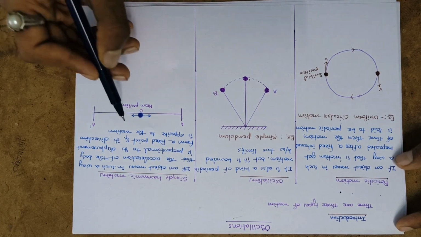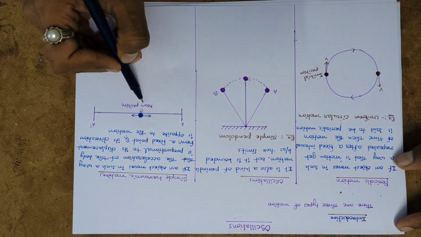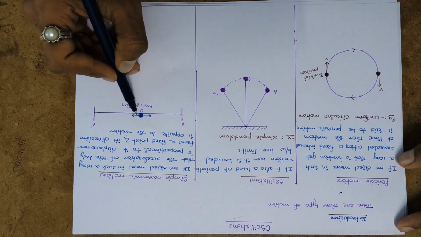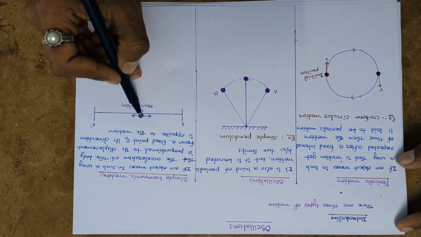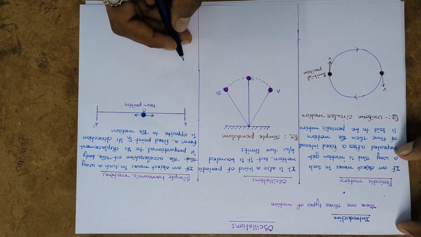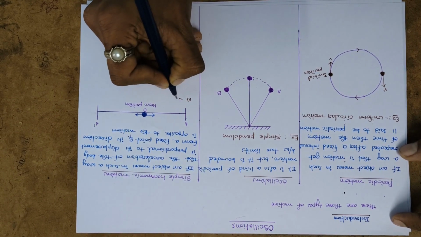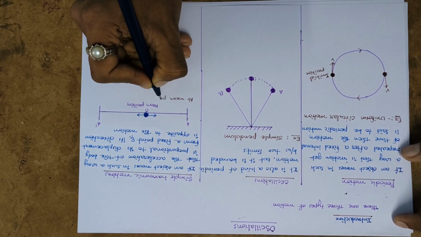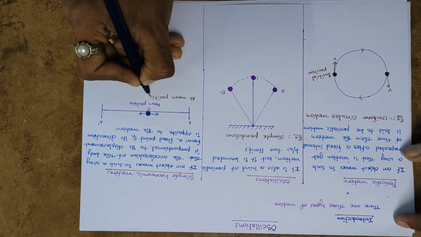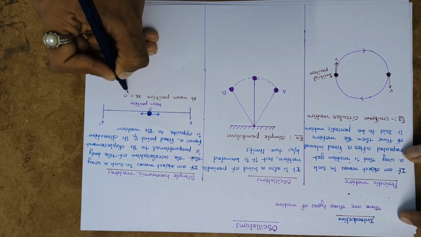Initially the object is located at point O. So this O is called the mean position. Suppose the object is at rest, meaning the net external force acting on the particle is 0 and displacement is also 0. So at mean position, displacement x is equal to 0.